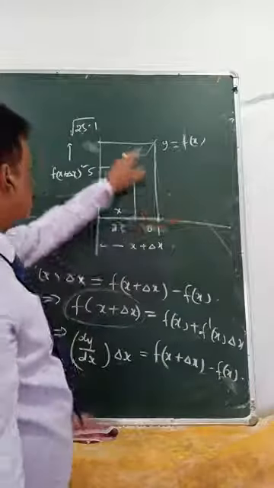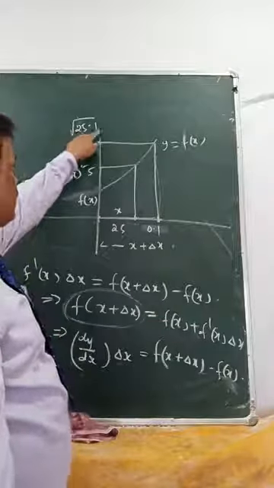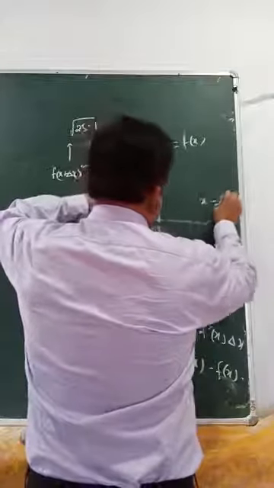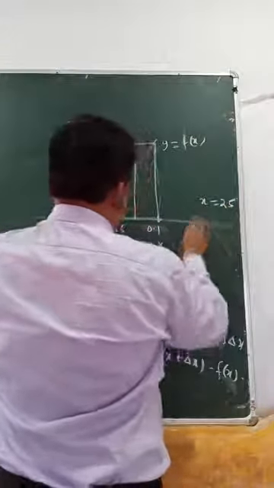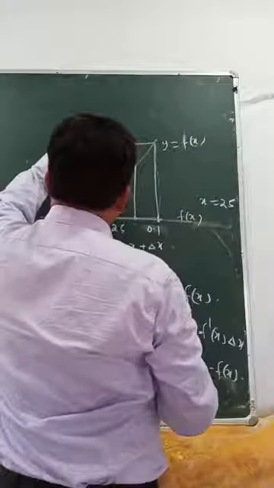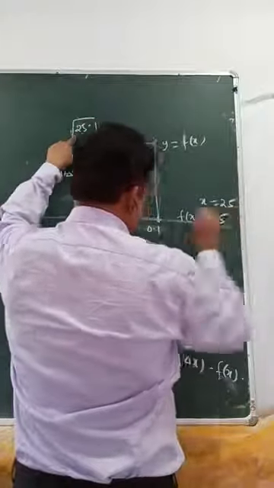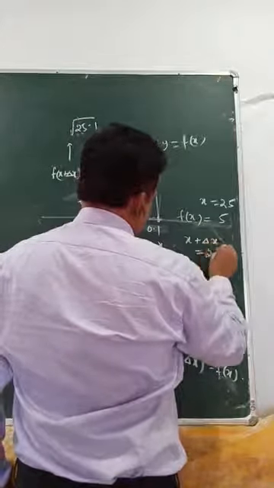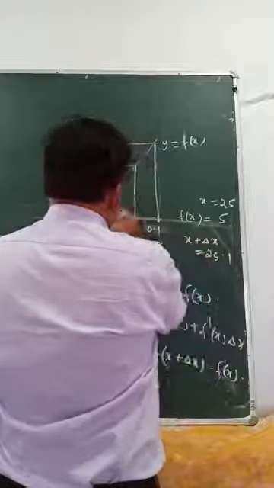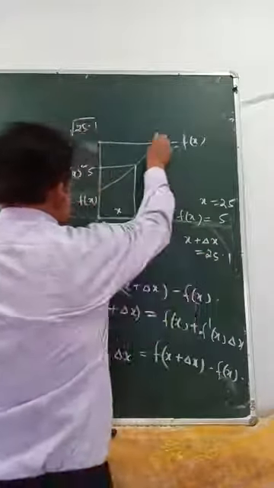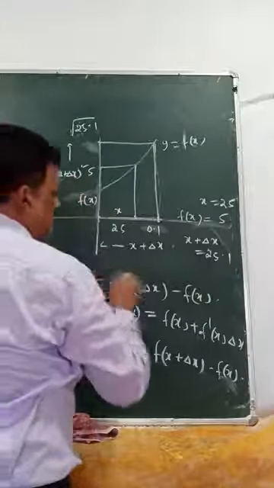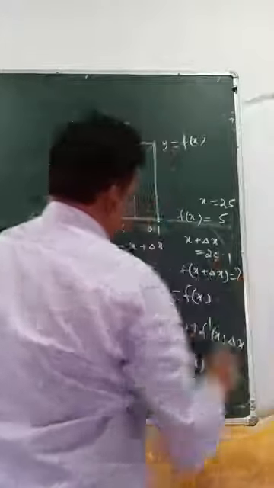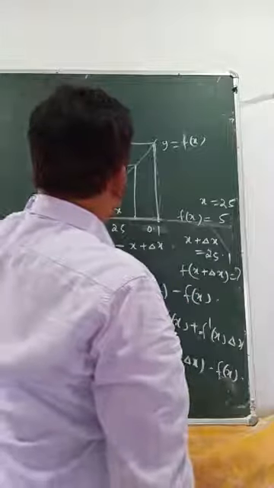Once more I repeat, if you want to find square root of 25.1, if x is 25, then you are finding your f(x), in square root form, that is 5. Now when x plus delta x is 25.1, corresponding to this you will find this length, which is your f(x plus delta x). How much is this? That is nothing but square root of 25.1.